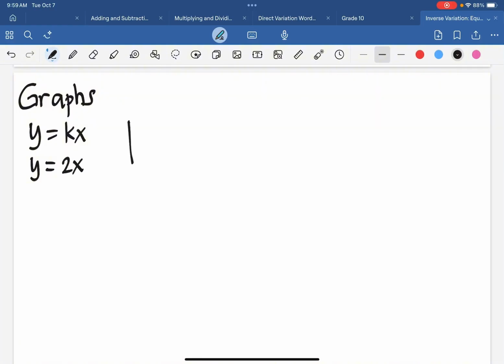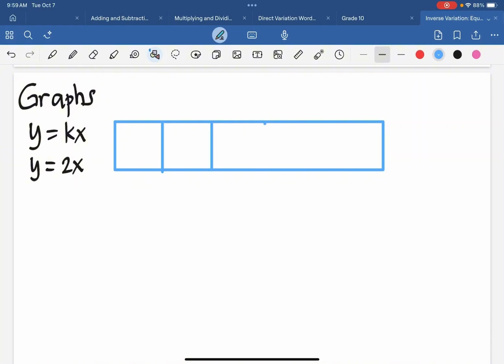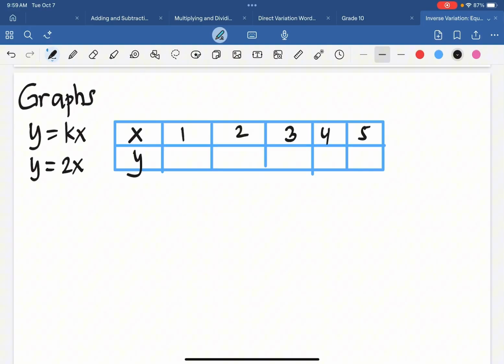Based on this, let's have a table, with x and y.